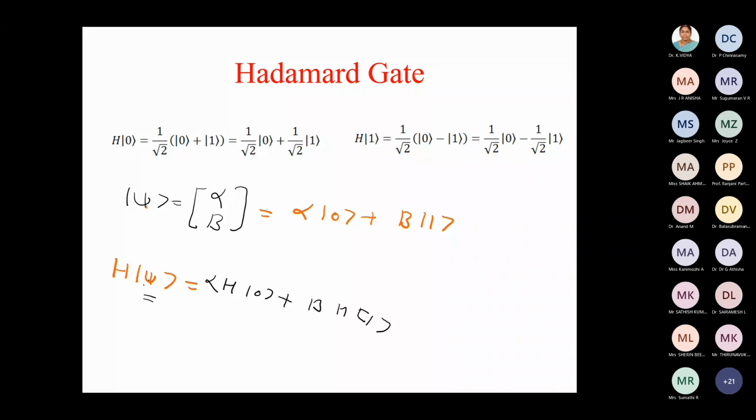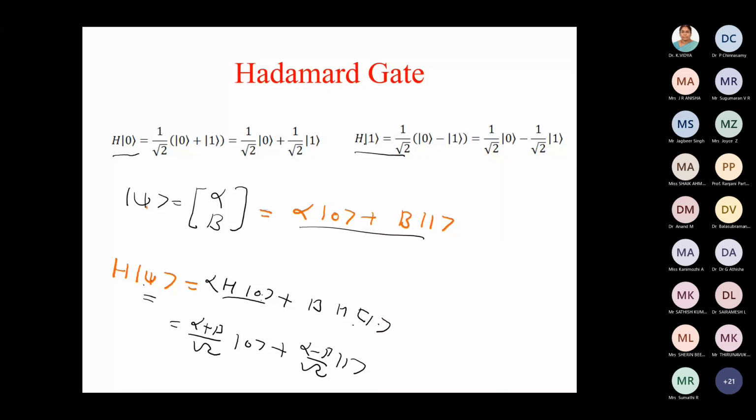So I replace this psi with these values, alpha times 0 plus beta times 1, and these alpha and beta coefficients. Basically, Hadamard will be applied on this basis state 0 and basis state 1. And this formula we know. So we solve this and we get alpha plus beta by root 2 times 0 plus alpha minus beta by root 2 times 1. So these are for this basis state 0 and 1.